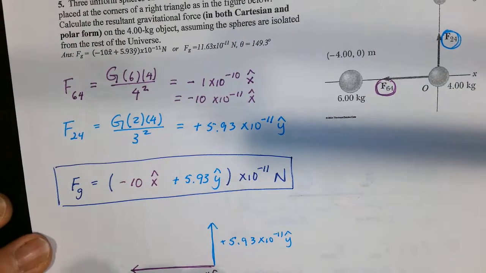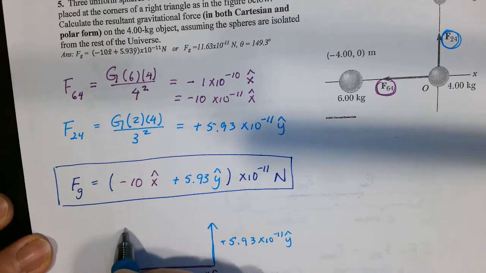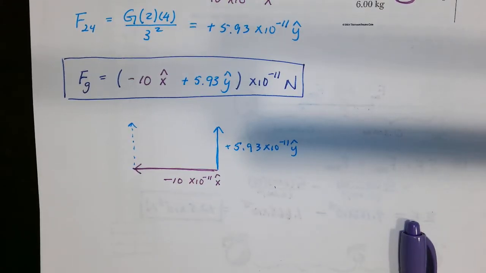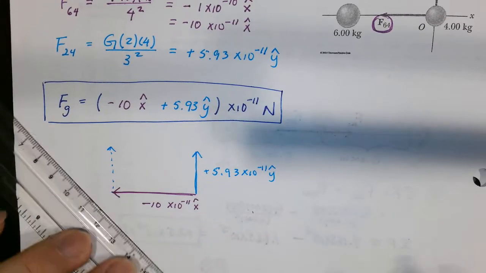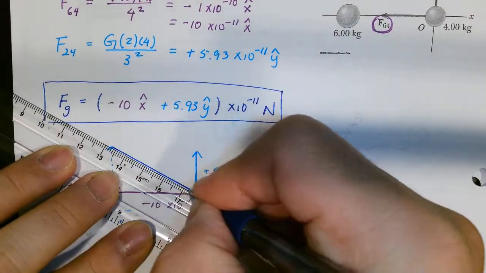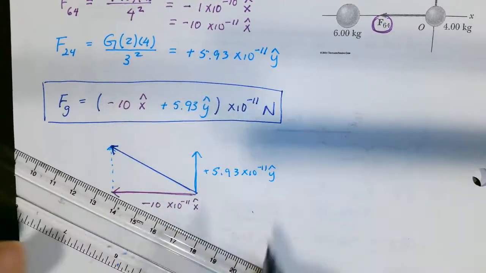So if we were to bring this over here and then find the resultant of that, this here is the F net.